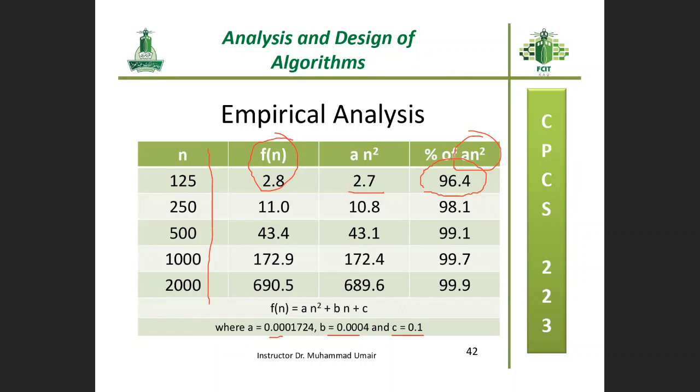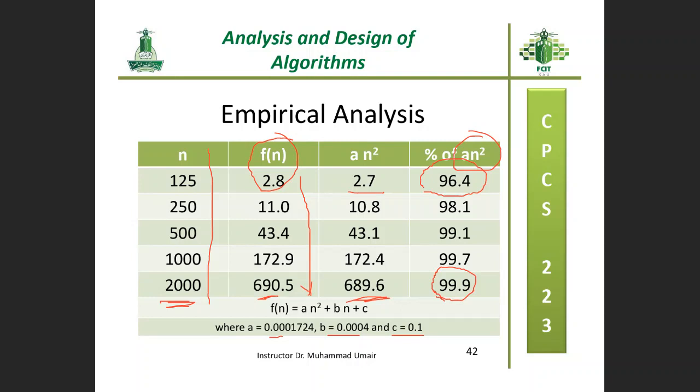This difference becomes bigger and bigger as you keep on increasing the value. For 2000 data values, you can observe 99.9% of the function value is determined by the factor an square.